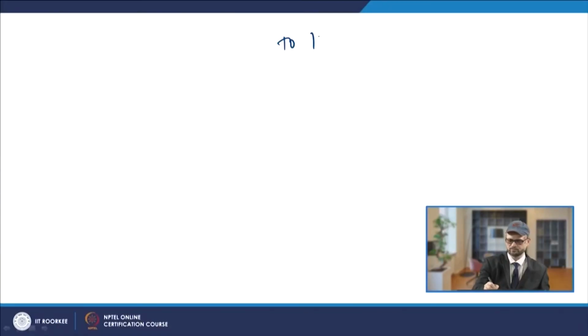You need to have the ultimate and permissible safe stresses, and the load to be transmitted to the weld. These things are required. Once you know that, depending upon these values, you can calculate the stress in the weld.